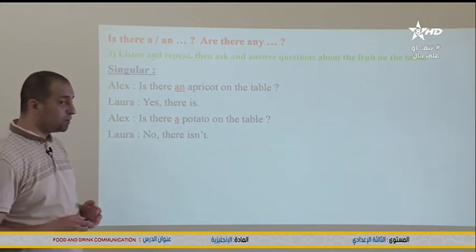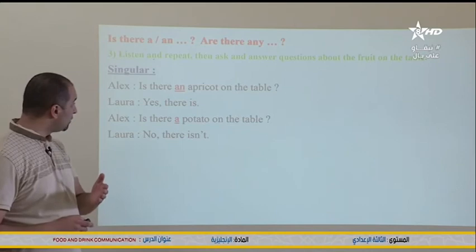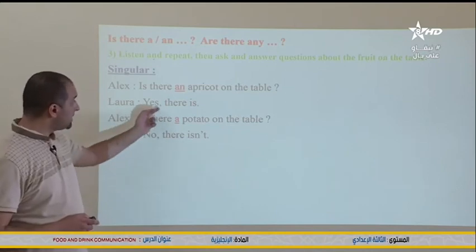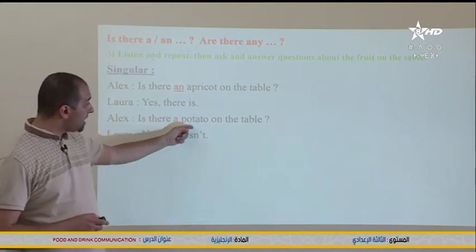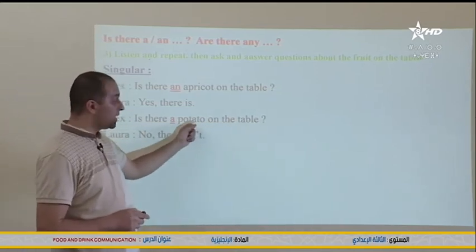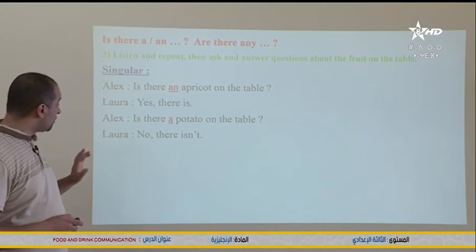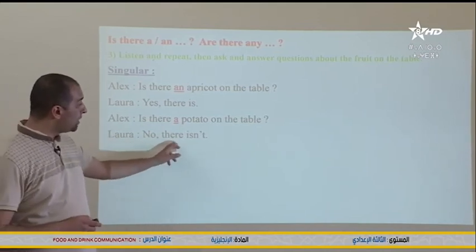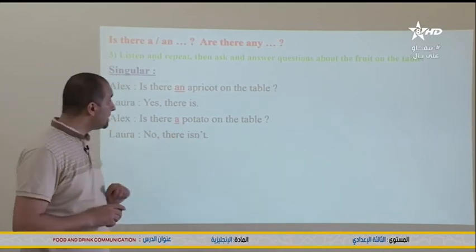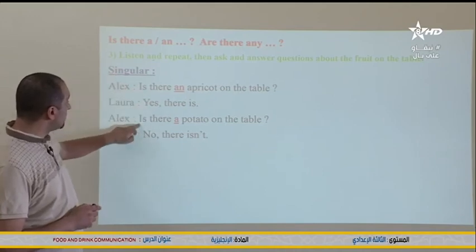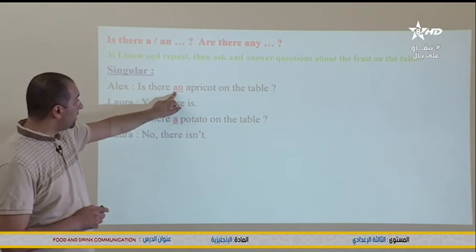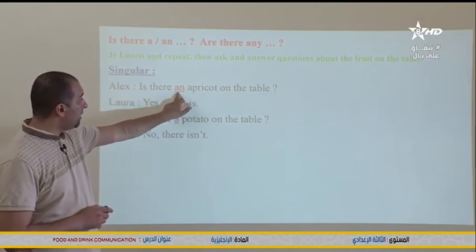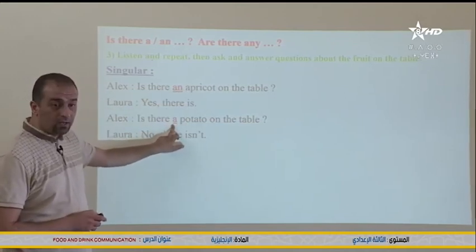As you can see in your book. Yes, there is. Another question, is there a potato on the table? Potato is a vegetable. So of course, Laura, no, there isn't. This is an example in the singular form, because you have here is and the articles a and an. Here you have a vowel, an, consonant, a.